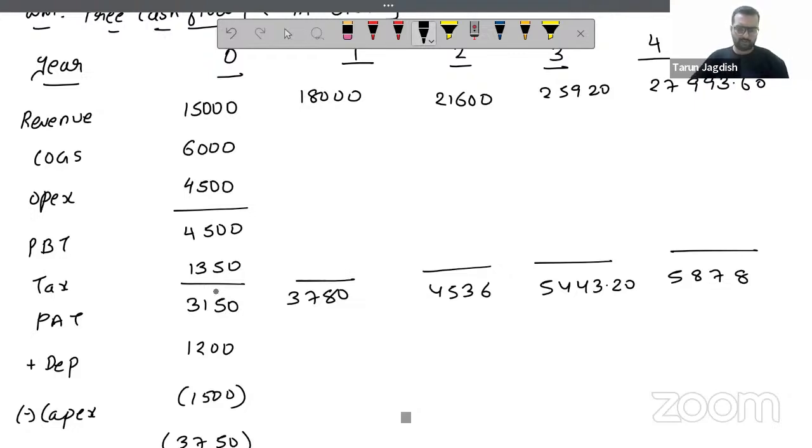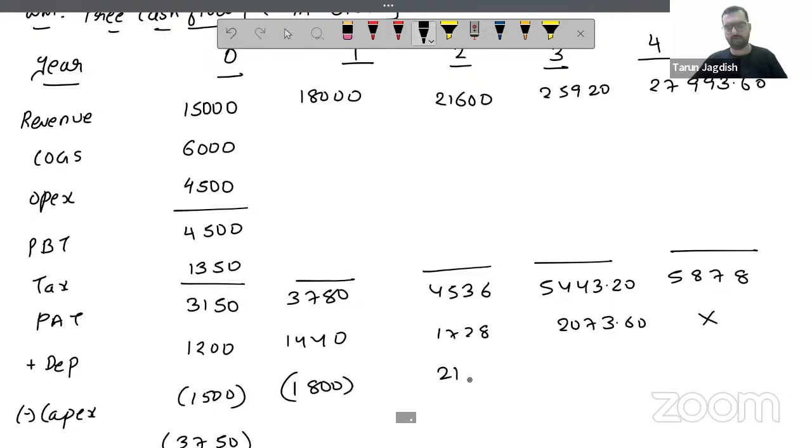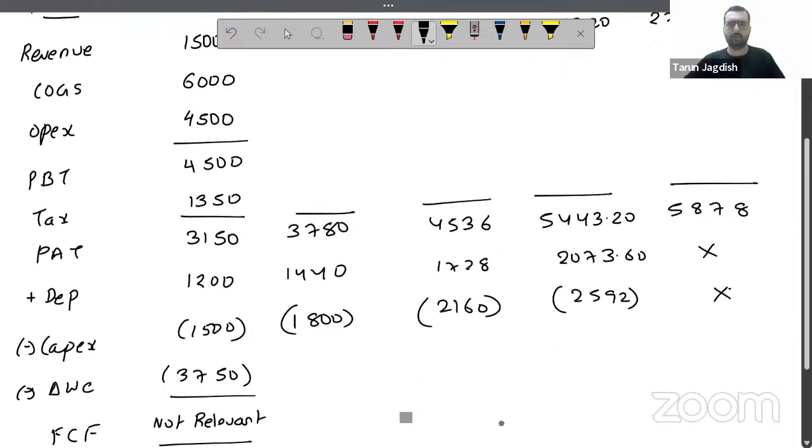Depreciation also, they have told the same thing. 1440, 1728, 2073.6, and this will be not applicable. 1800, 2160, 2592, last year will be not applicable.